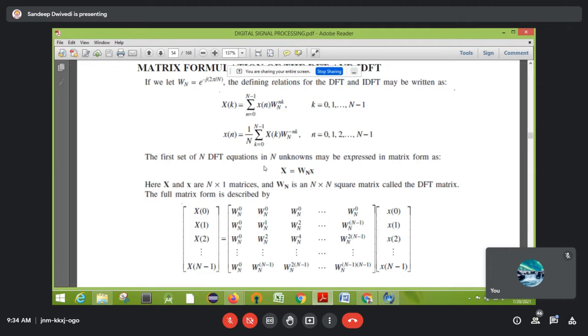Okay, so that value is the value of w, and that is raised to power 0. Anything raised to power 0 will be 1, no issue.